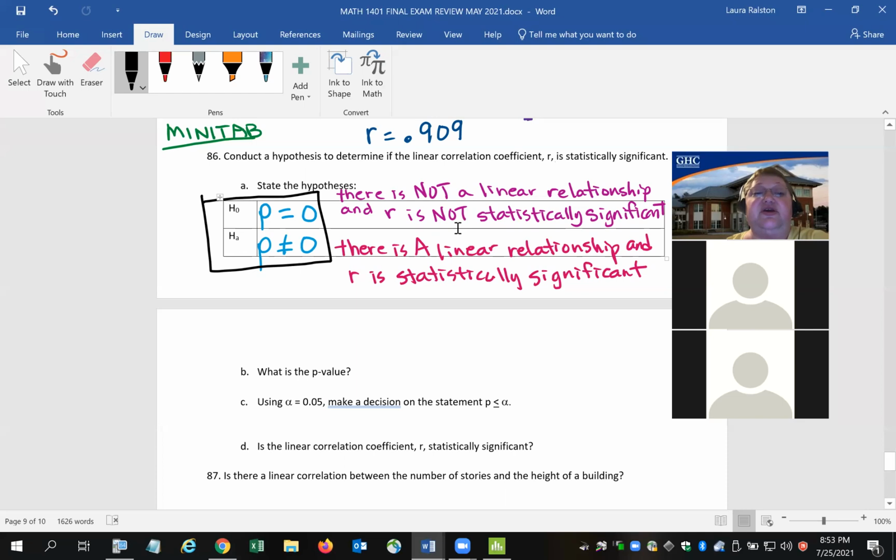My p-value is 0.012. Then it says, using alpha equals 0.05, make a decision. So again, we're going to compare p to alpha. P is 0.012. Alpha is 0.05.